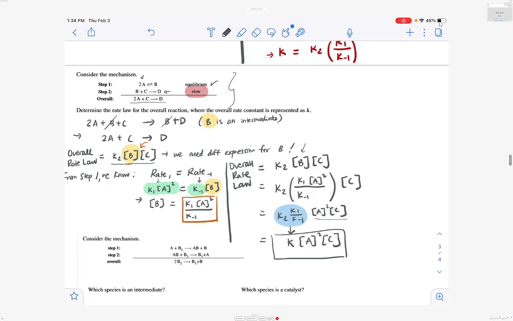Would that reaction give us a termolecular reaction because there are essentially three exponents?